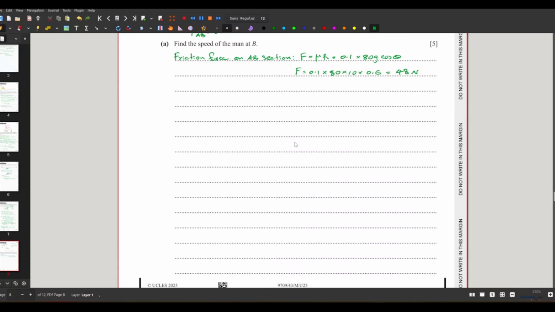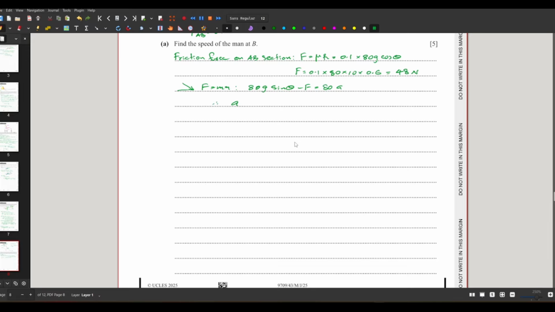Now you can apply downwards F equals ma. Then downwards you have 80g sine theta, the component of the weight, minus the friction, equals 80 times the acceleration.